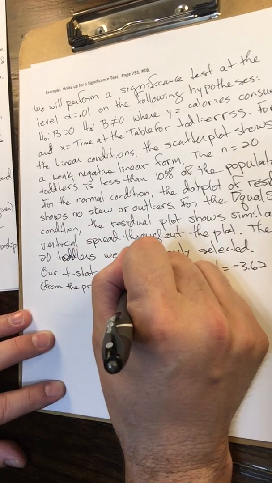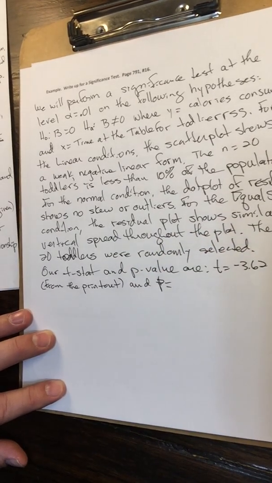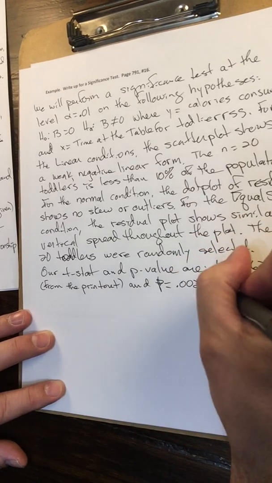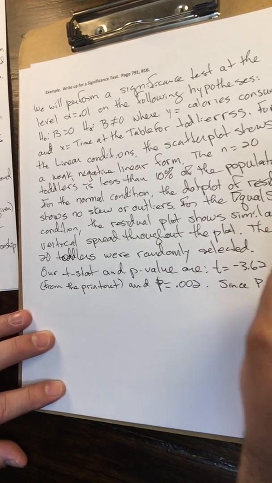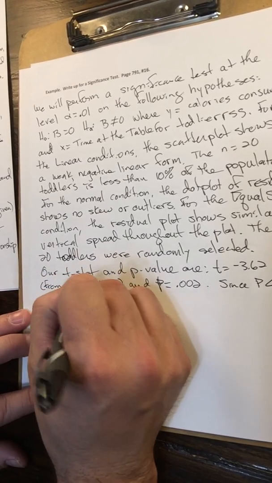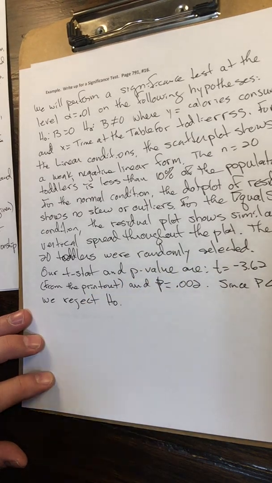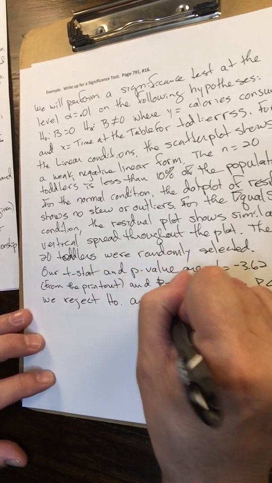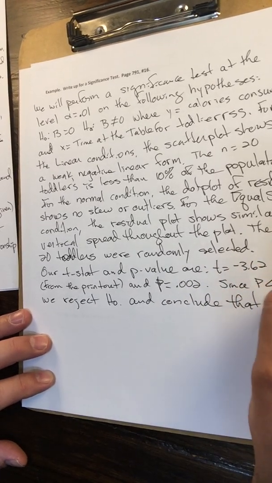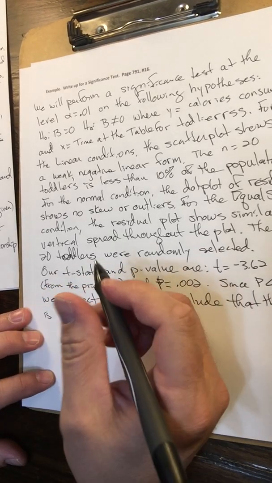And the p-value, or I can just say P equals 0.002. Since p is less than 0.05, we reject the null hypothesis, which was that there is no slope, and conclude that there is a linear relationship, meaning the slope is not equal to 0.